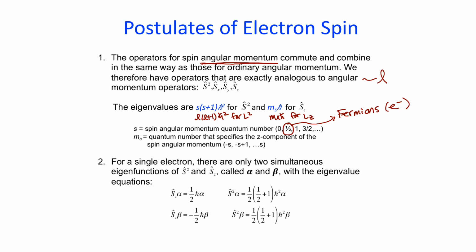Okay, so be careful that you don't go on autopilot and stick a 0 in there like we've been doing for our m sub l's. Because we are dealing with only integers for m sub l, you're always going to go through 0. That's not the case for your m sub s. So careful to not automatically include 0 here.